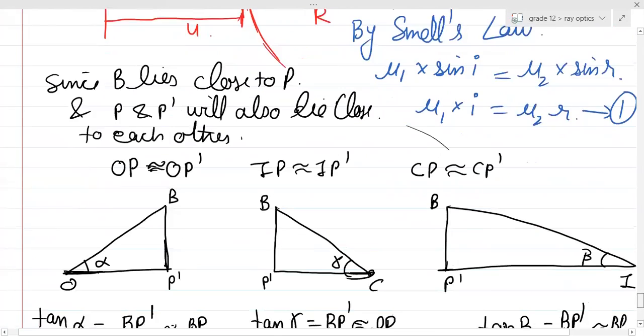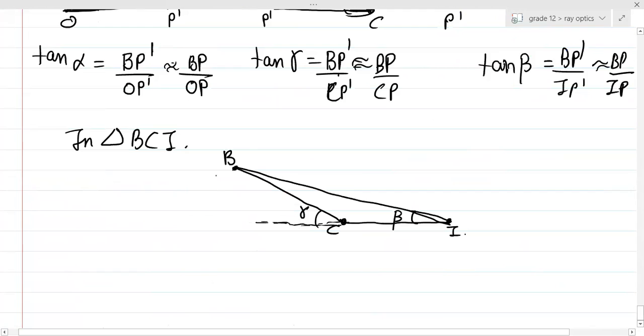So this angle is R. Now, if this is gamma, then this will be pi minus gamma. And can you see over here, pi minus gamma plus R plus beta will be equal to what? 180 degrees.